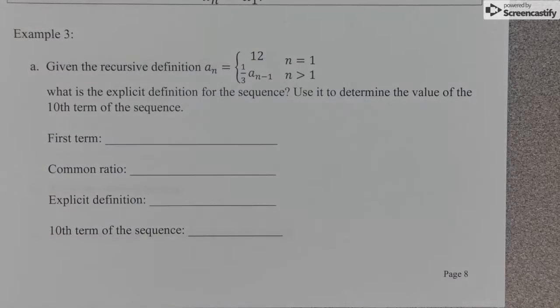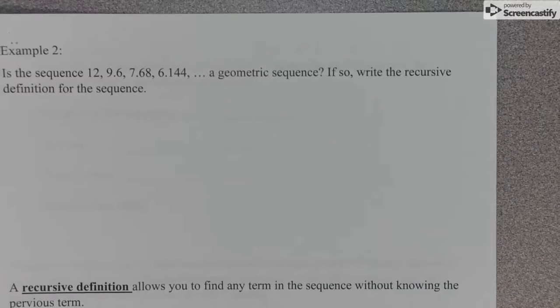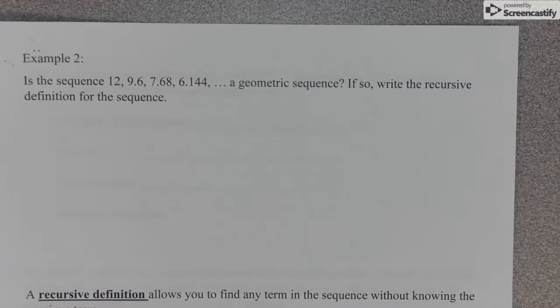It says, is the sequence geometric? If so, write a recursive definition. Is the sequence 12, 9.6, 7.68, and 6.144 a geometric sequence? If so, write the recursive definition for the sequence.